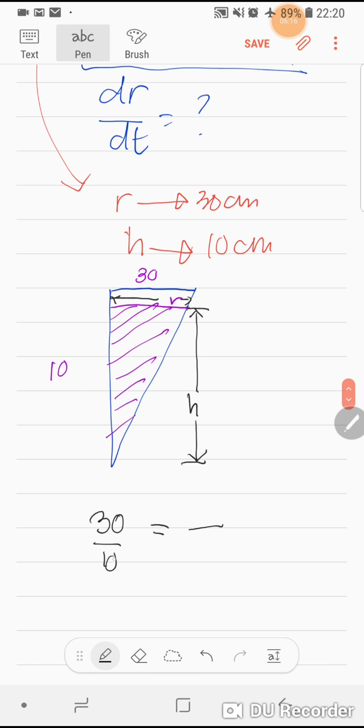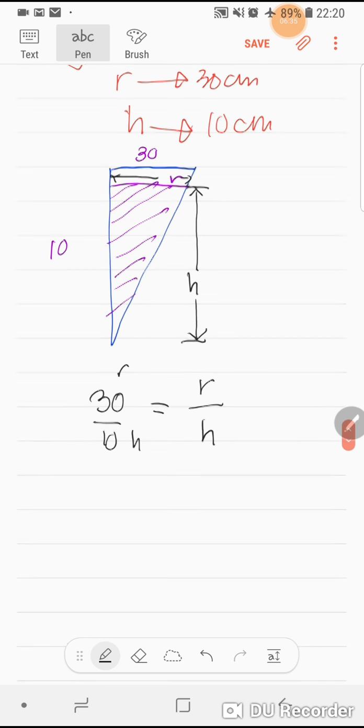We need to do the right proportions: in the numerator, we put r and then h.